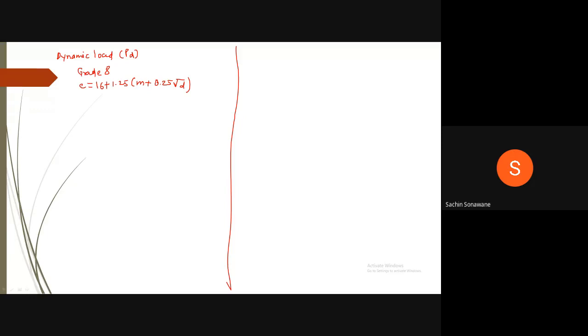Now d means pitch circle diameter. In case of bevel gear, this d is nothing but mean pitch circle diameter. Means first of all we have to find out RMG and RMP. RMP means mean pitch circle radius of the bevel gear pinion.